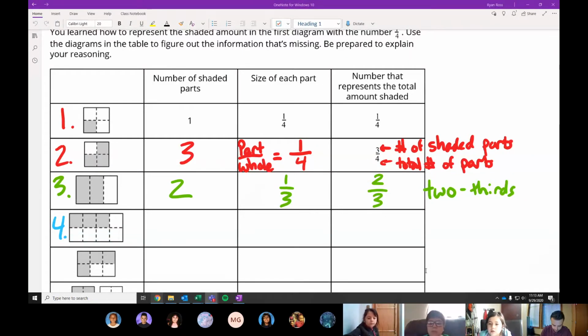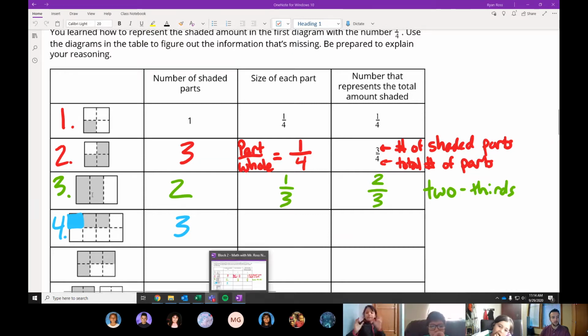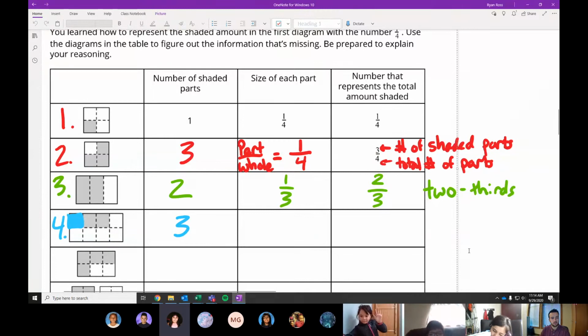How many are shaded in? Yeah, so 3 shaded in. What's the size of each of those parts? So if I were to only draw in that blue box there, what's the size of each individual square? 4. So how many of those individual squares, the blue squares, would you need to fill the entire rectangle? 5. So you need 5 more.